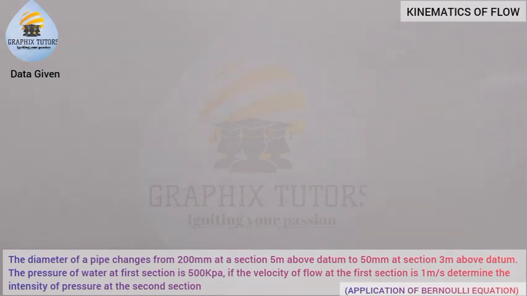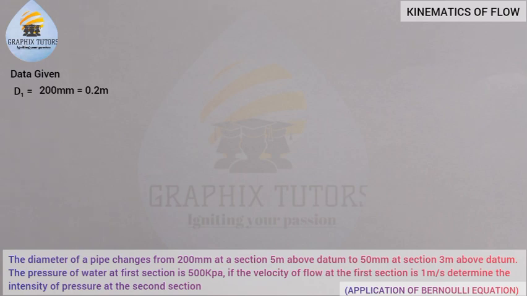So since it says that diameter of a pipe changes from 200 millimeter, that is the first section. So I'm going to be using D1 to be equal to what? 200 millimeter. Now I have to convert my 200 millimeter into meter. So in doing so, I will be dividing by 1000. So dividing by 1000, I'll be having 0.2 meter.